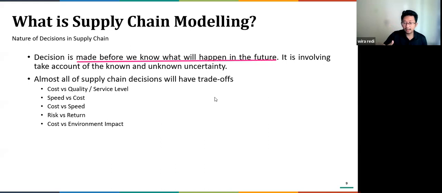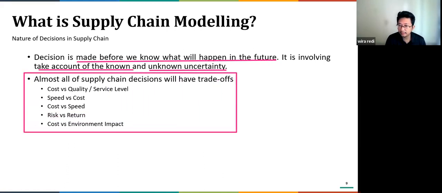So the decisions that we make today anticipate the problems that will come up later, or the real data that will come up in the future. So we need to take into account all the known and unknown information. And because of that, normally the decisions will involve several trade-offs.